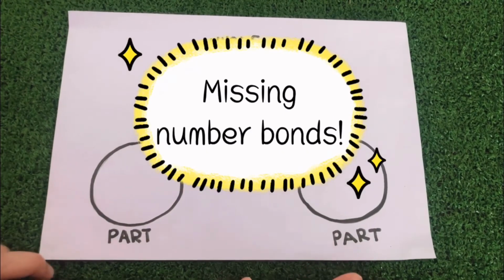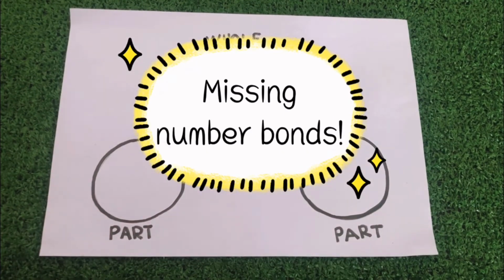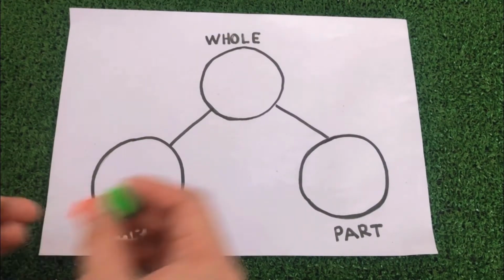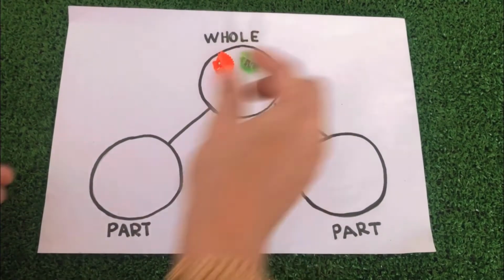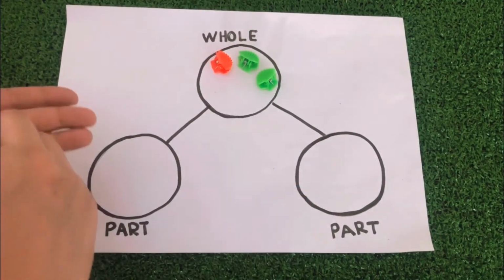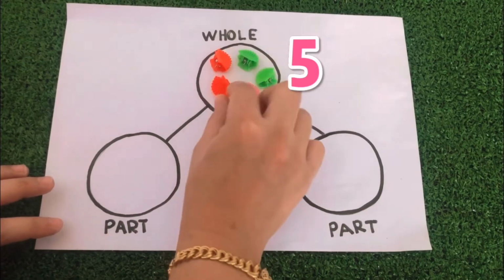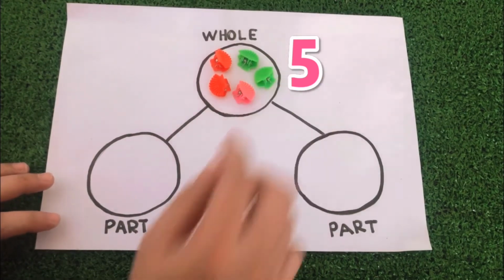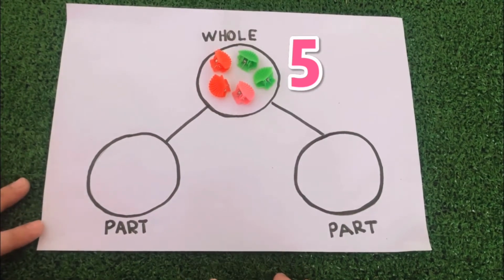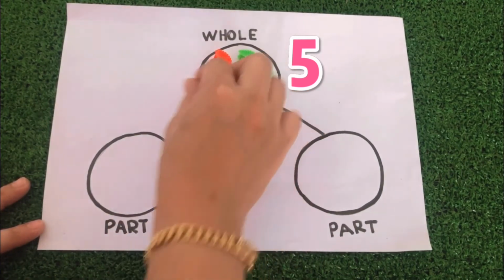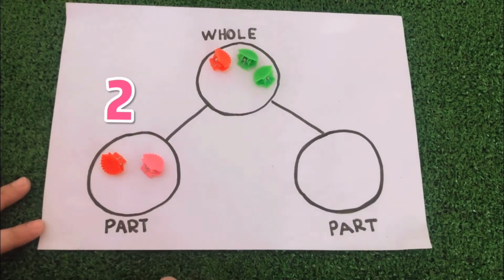Children, now I'm going to show you how to do missing number bonds. Okay, now we have a whole with 1, 2, 3, 4, 5. Whole with 5. And in this part, we're going to have 1, 2.